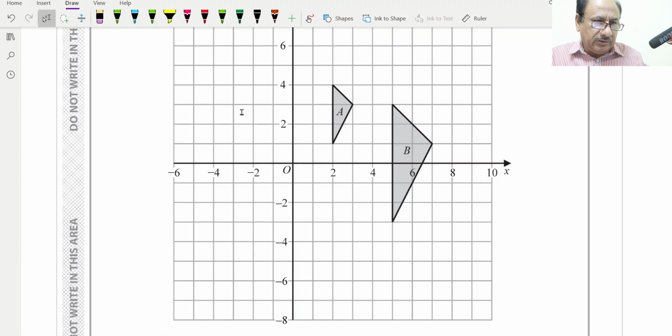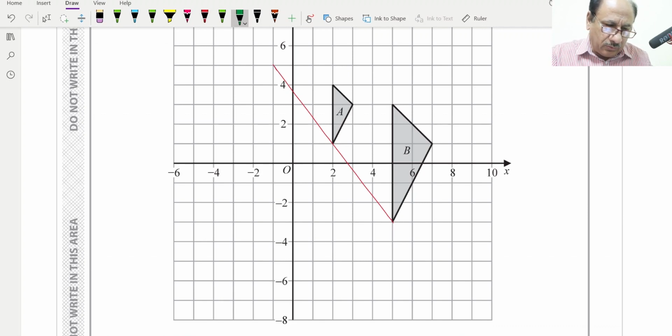We can draw the first line over here like this. So this is our first line which we had drawn.